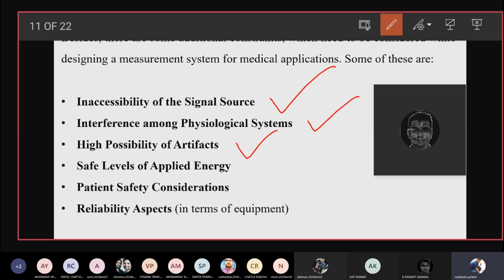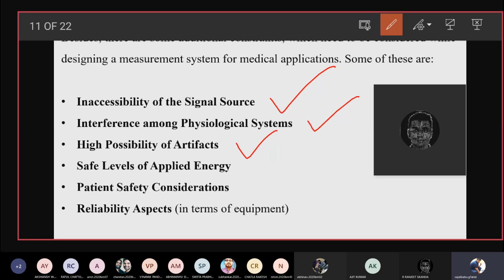Because in most of the tissues, whenever you are trying to acquire signals from your biological tissues, the possibility of artifacts will be high. So if you are designing any instrument for a medical application, there may be a high possibility of artifacts, and you have to consider this constraint whenever you design the medical instrument.